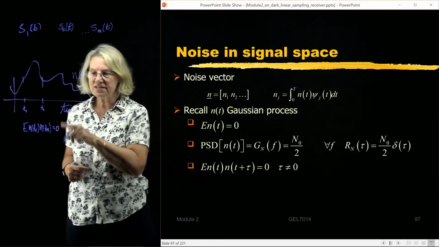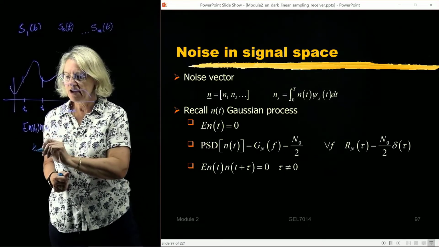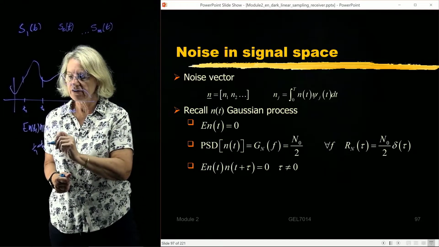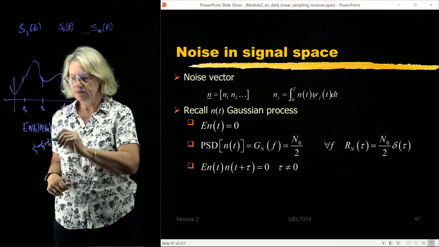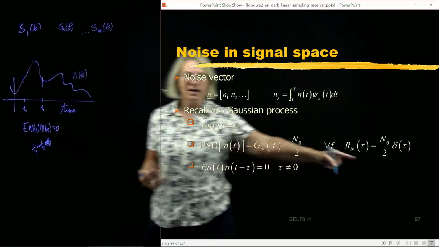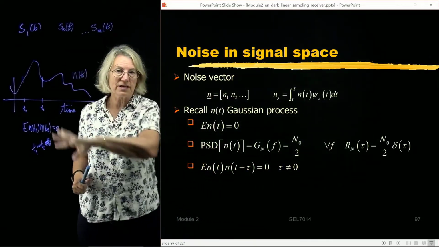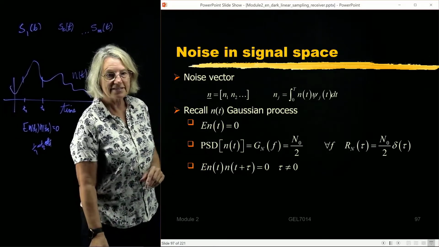And the only time that this is non-zero is when these two times are actually equal to each other, equal just to one time. And then, of course, it's non-zero. It's the delta function. So that's just a little recall of what we looked at previously with random processes.